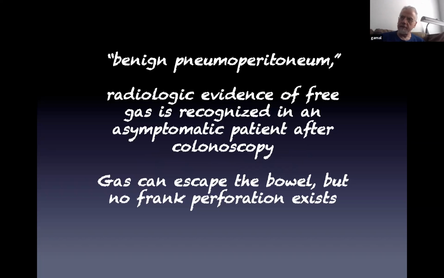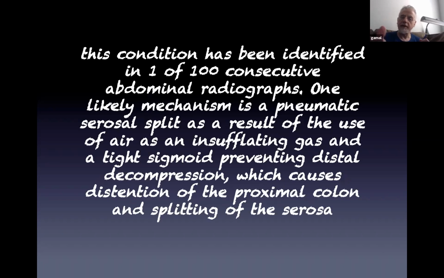Don't operate. At most, just admit the patient and observe them. Or if you're really worried, get a rectal contrast CT scan or something to reassure you there is no perforation. But just remember this item, benign pneumoperitoneum. It's a pneumoperitoneum that happens after colonoscopy sometimes, up to 1 in 100 cases. And there's no perforation.